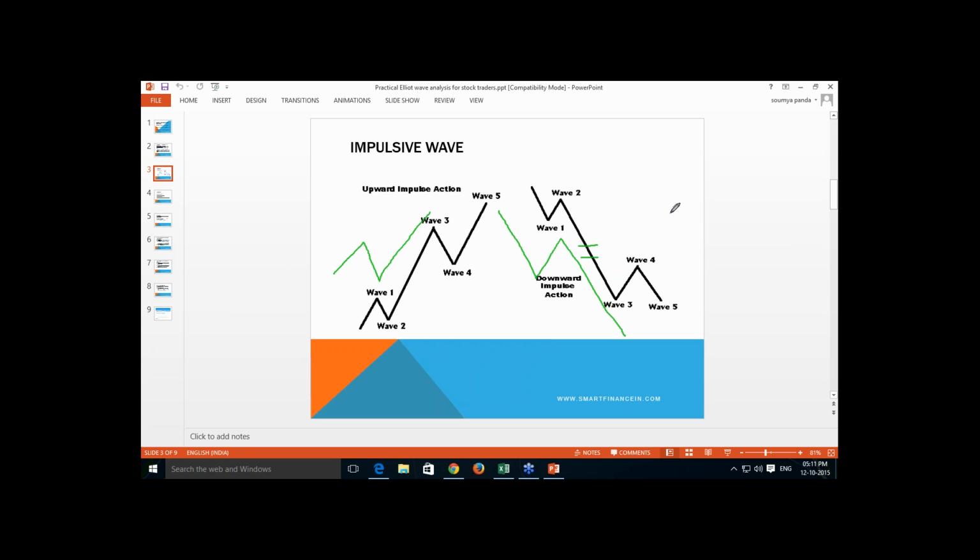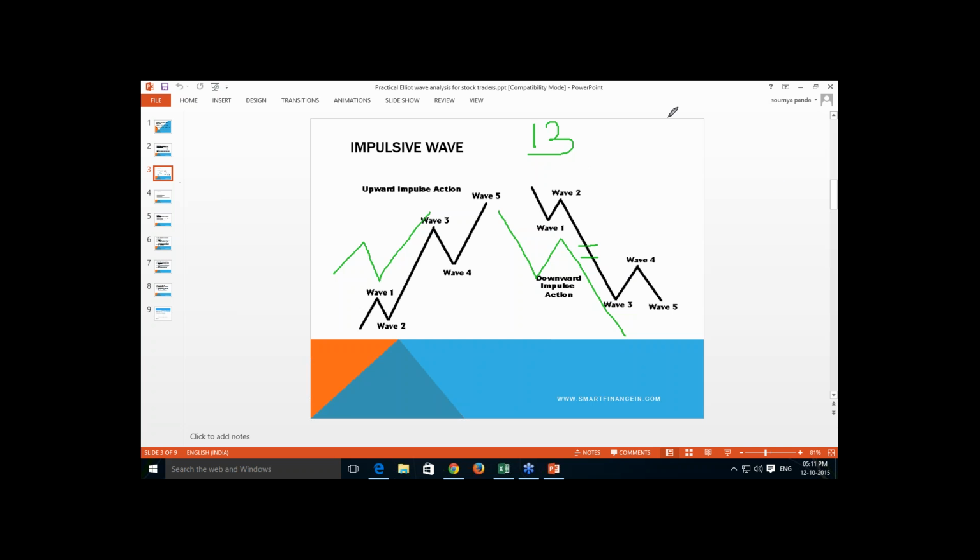Besides this, Elliott has also given many patterns, 13 wave patterns: leading diagonal, ending diagonal, zigzag patterns, channels. Many different patterns Elliott has given.